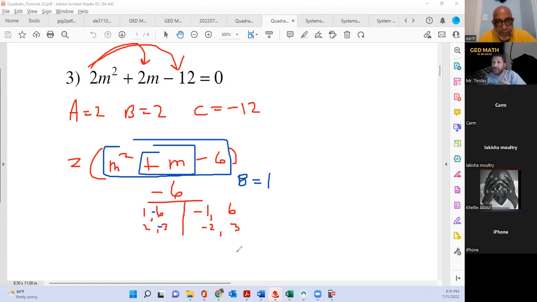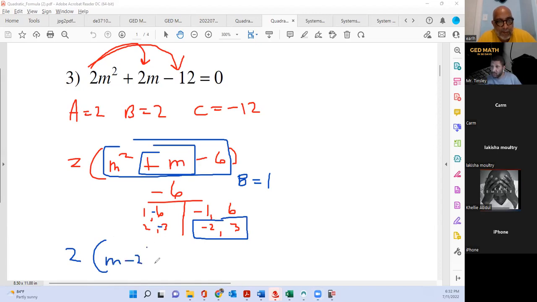Which pair will give us 1? Negative 2 times 3. So you can't forget this 2. This 2 is still here. But m minus 2, oops, I mean m, because in class you always use x, but you can use any variable. They use an m here.